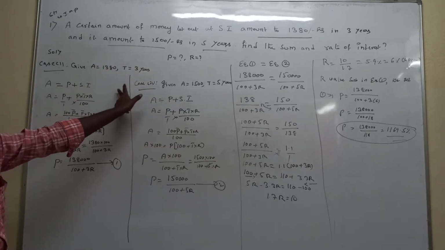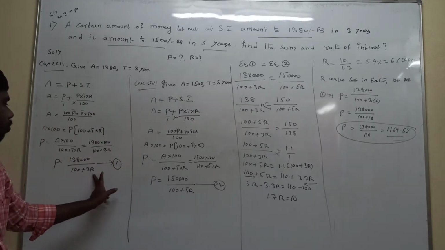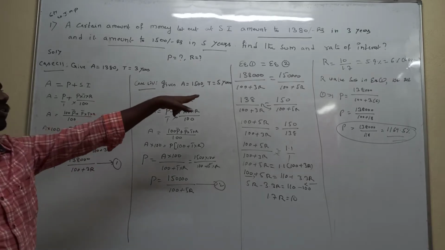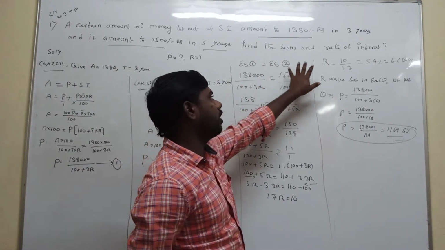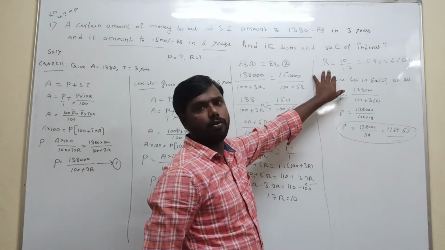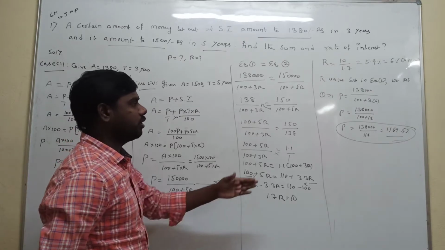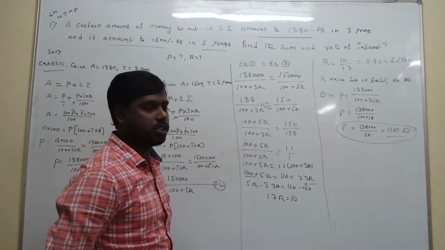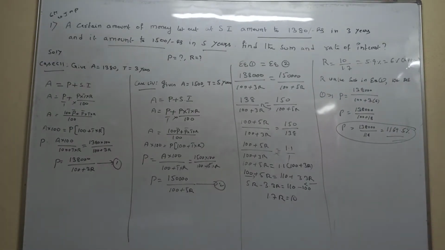Whenever applying case 1 and case 2, both give the P value, so we equate equation 1 and 2. Finally we get the r value, and that r we substitute in either equation. Finally we get the value. This is the solution. This type of question is very important.